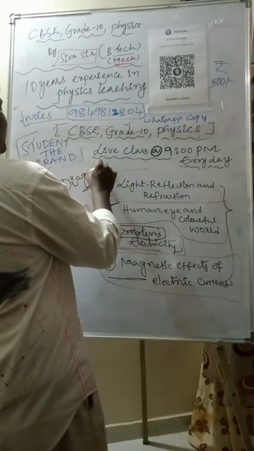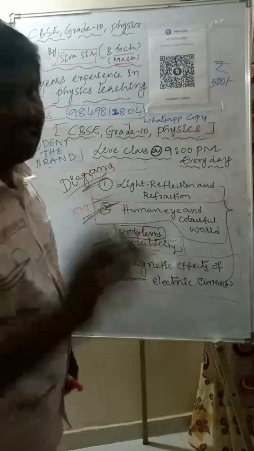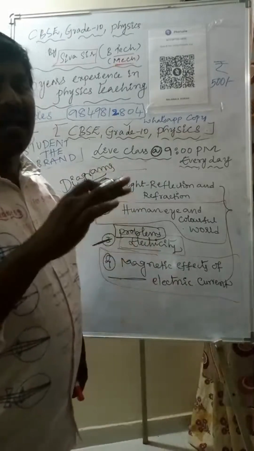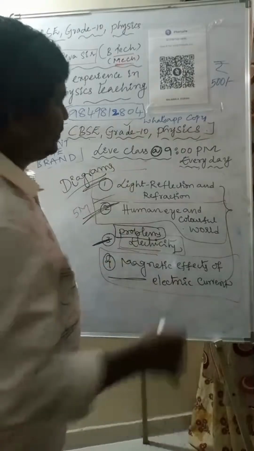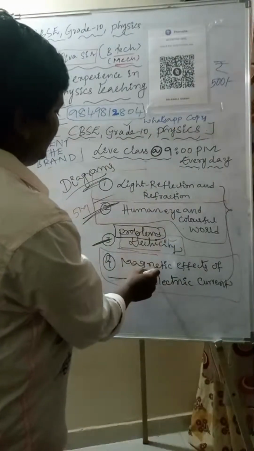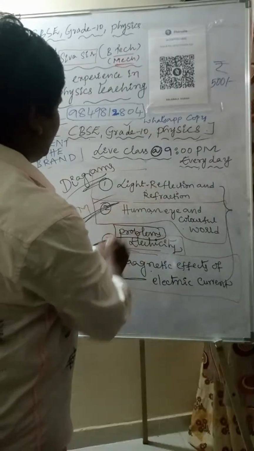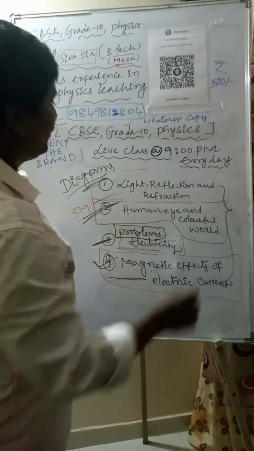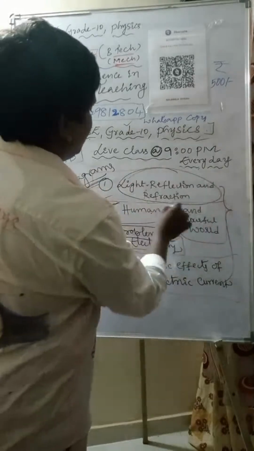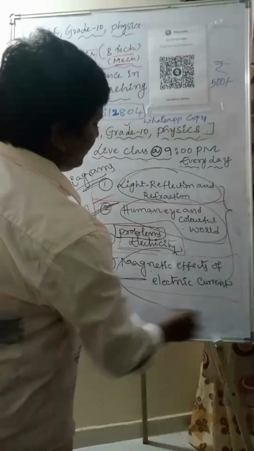If they ask in the exam, maximum diagram based questions only they will ask from these three chapters: light reflection and refraction, human eye and colourful world, and magnetic effects of electric current.